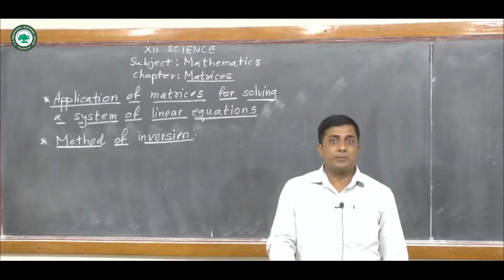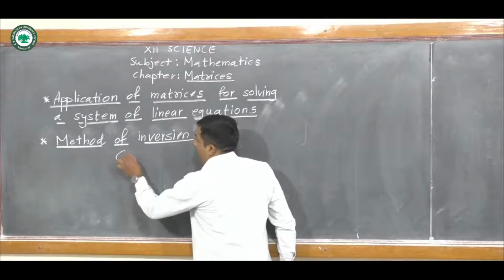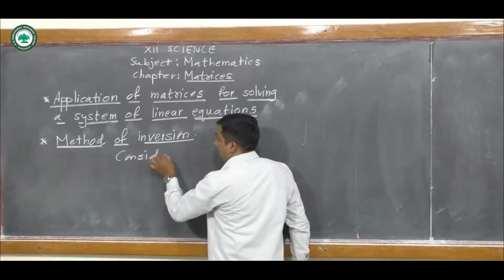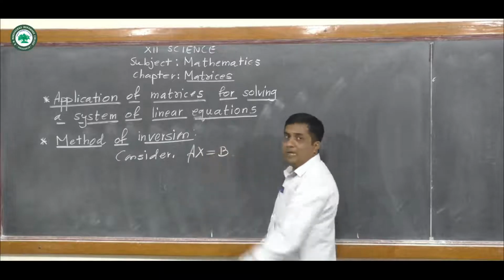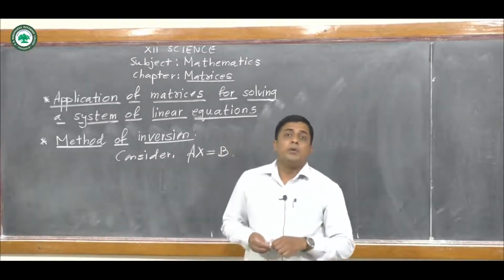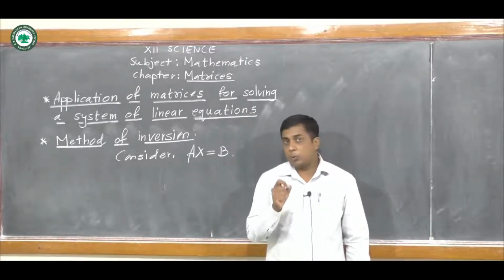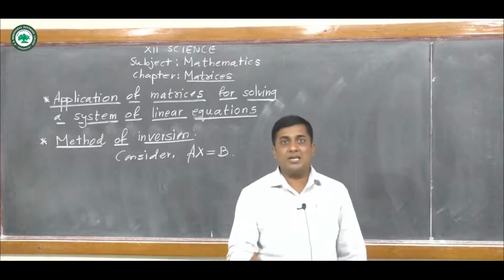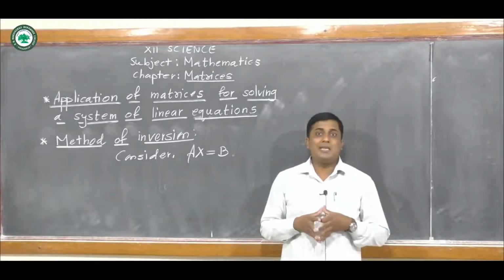So remember this. Let us consider our matrix equation. Here the equation is AX is equal to B. We know if the solution of the given equation exists, then matrix A must be non-singular.